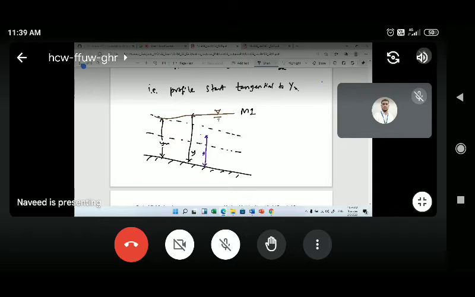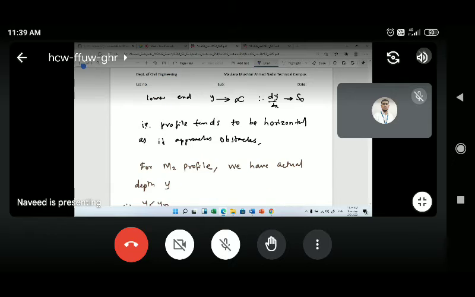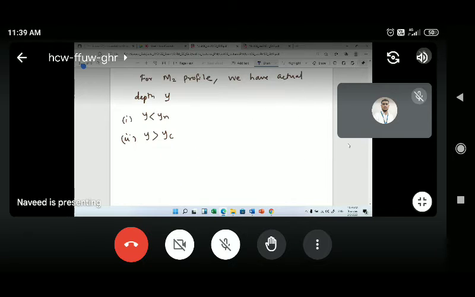Somewhere in between the value of yn and yc, and we denote this as y for the profile in zone 2.